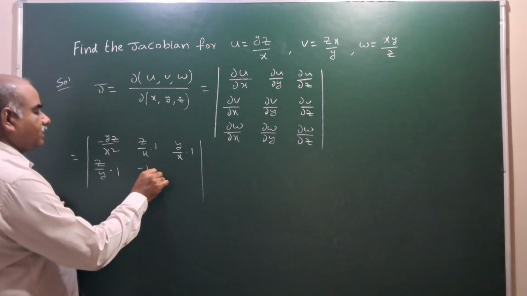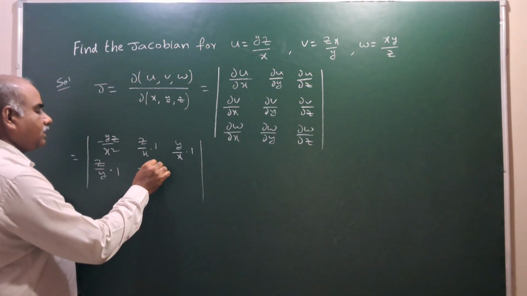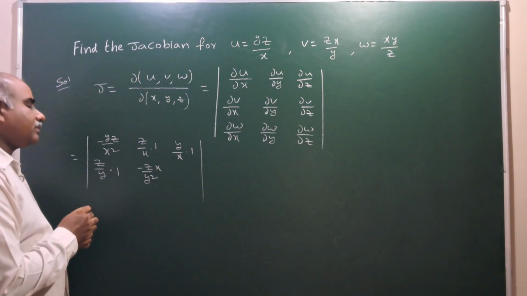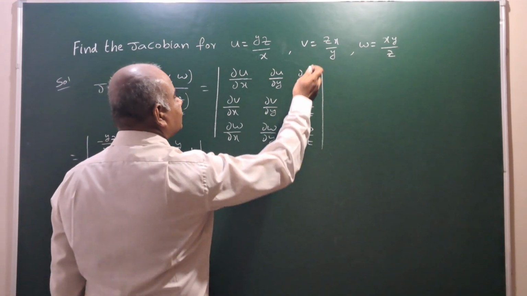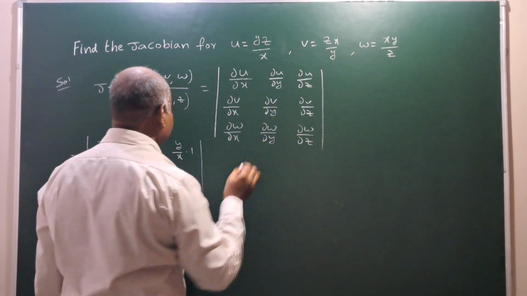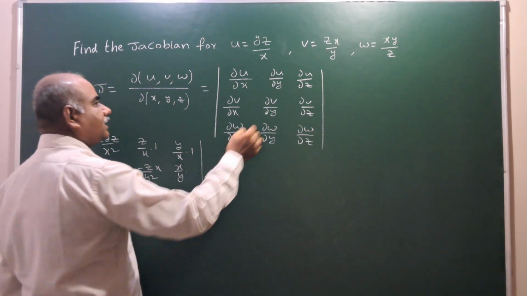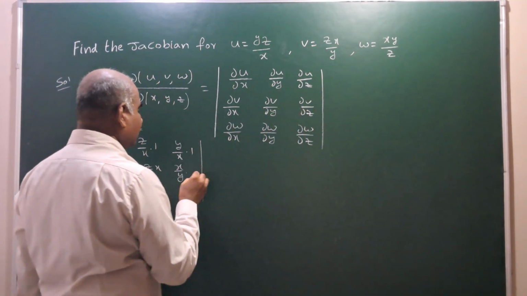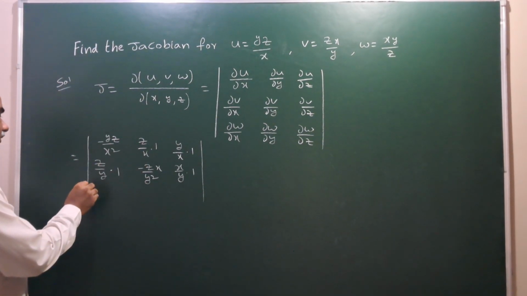Minus 1 by y square. And already zx is there. Okay. So totally it is minus zx by y square. ∂v by ∂z. So here z is a numerator, so treat x by y as constant. Derivative of z with respect to z is 1. Okay. So these are the partial derivatives of v.